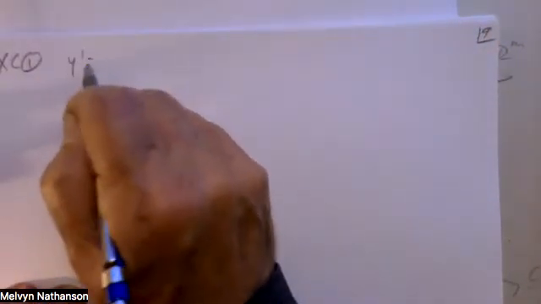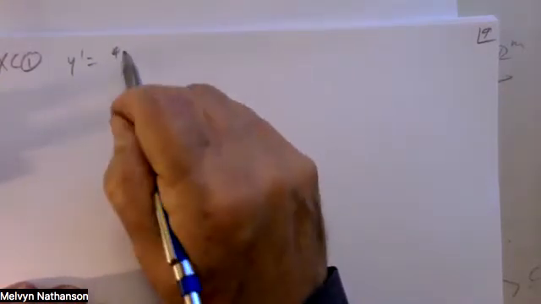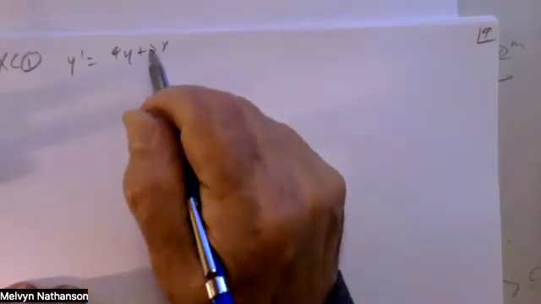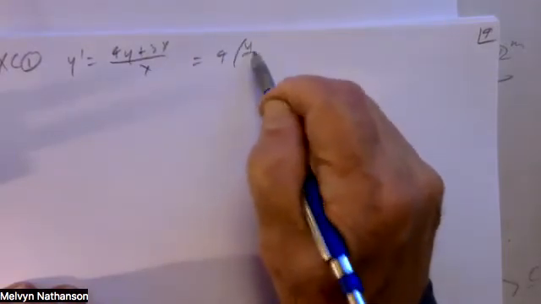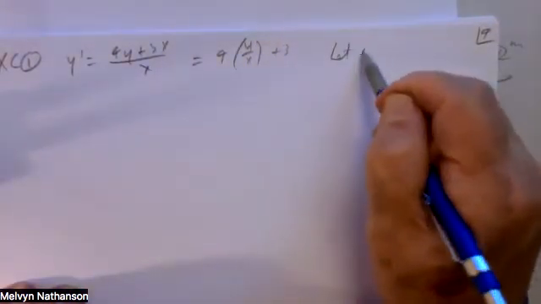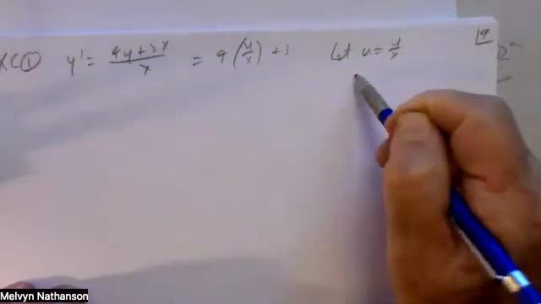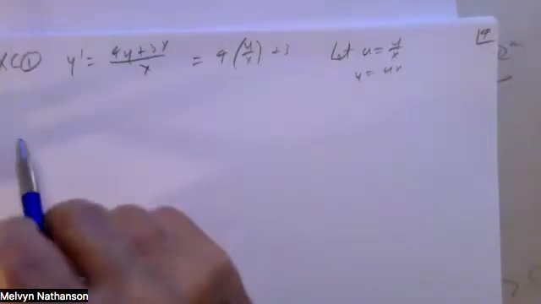So the problem is y prime equals 4y plus 3x over x, which is 4y over x plus 3. And I want to let u be equal to y over x, or y equals u times x.